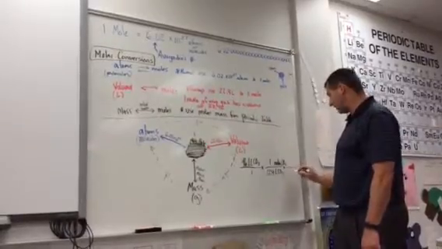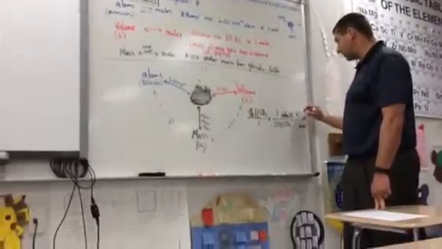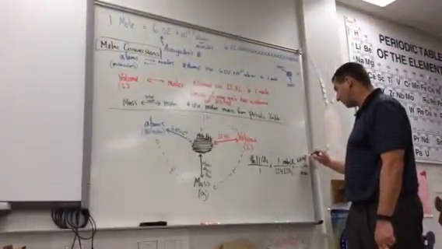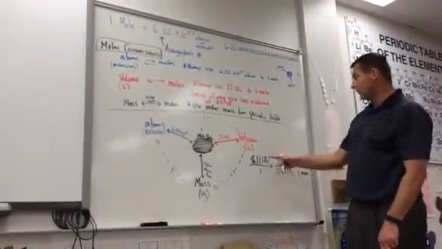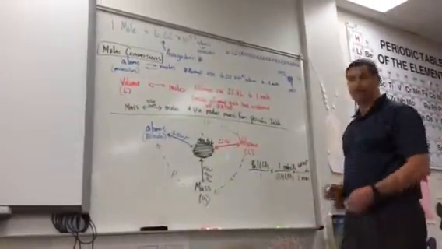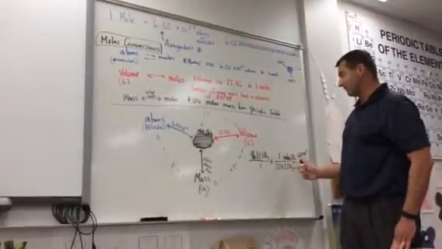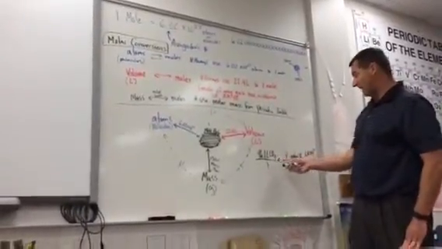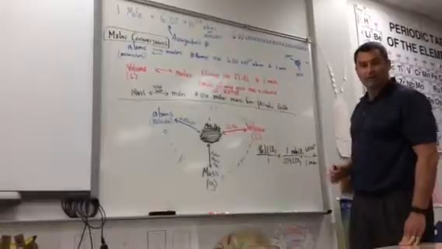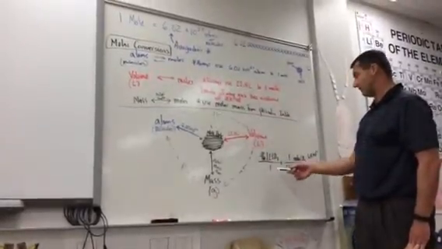Then we're going to go from moles to atoms, and we're going to use 6.02 times 10 to the 23rd atoms to 1 mole. We're going to multiply the top, divide by the bottom, and we're going to get our answer. And so that's how you do multi-step conversions. And so we're always going to have 3 fence posts instead of just the 1 that we did the other day, or 2 that we did the other day.